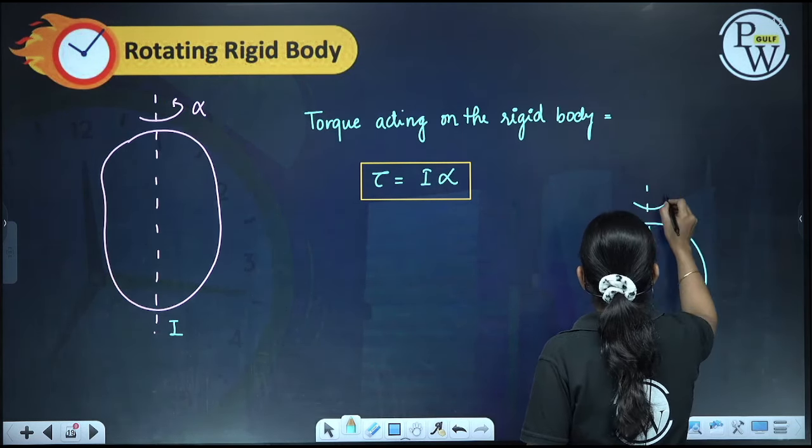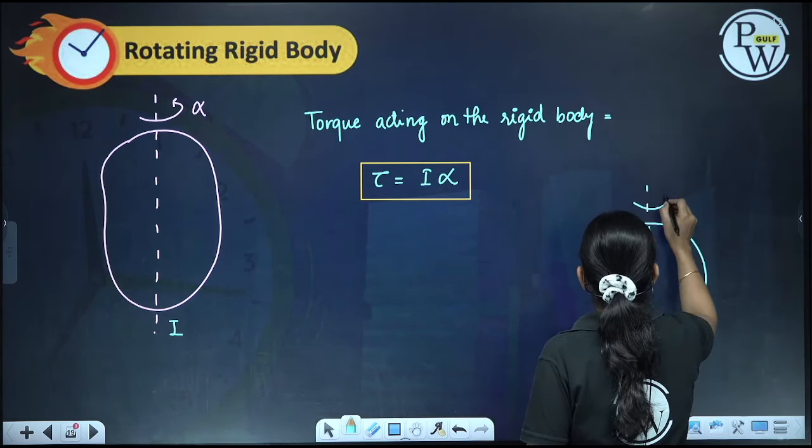So the angular momentum of the body, L, will be equal to I omega. Okay, torque of the body is I alpha, angular momentum is I omega.